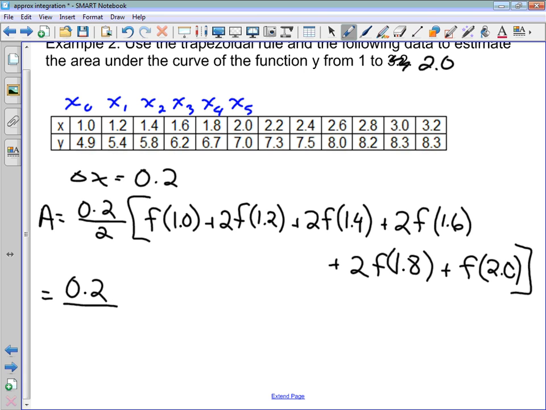So we're going to have 0.2 over 2 times, how do we evaluate this function? Well, we just read the values out of the table. f at 1 is 4.9.